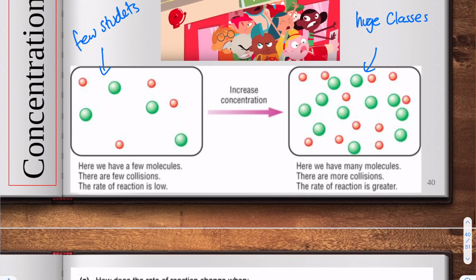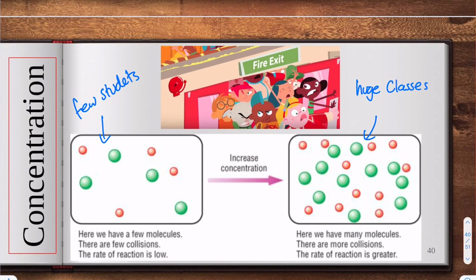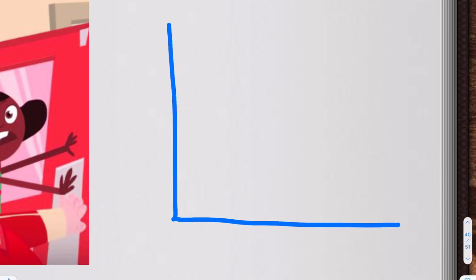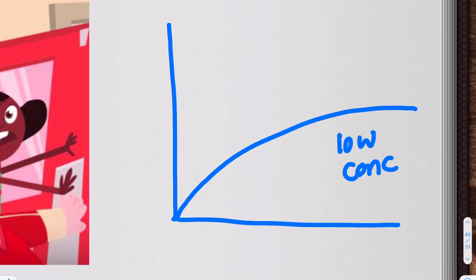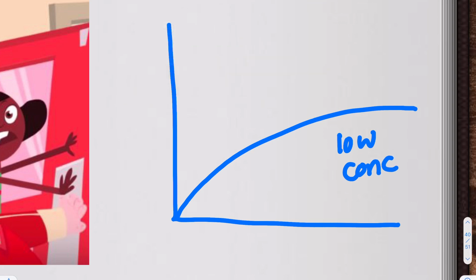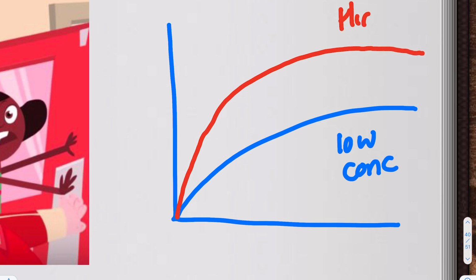One little note here, it's worth saying, let's draw out a very quick sketch graph. So if this is my rate of reaction with a low concentration, if I put a high concentration in, then not only is my rate going to be faster, but in this case, I am going to have a higher yield.